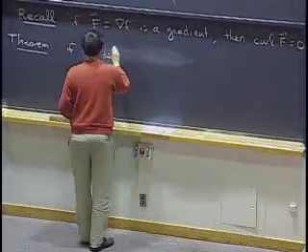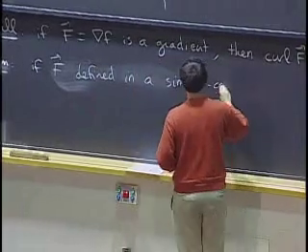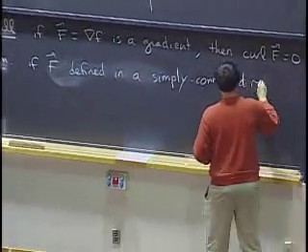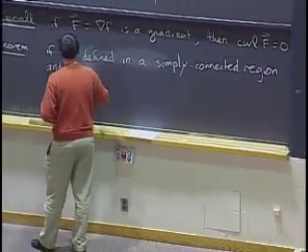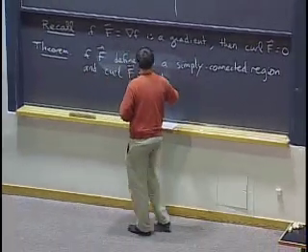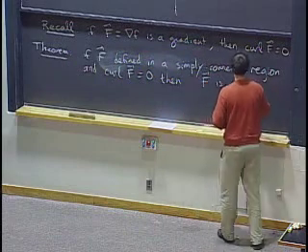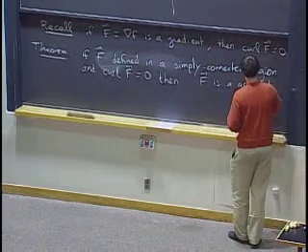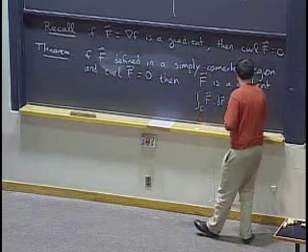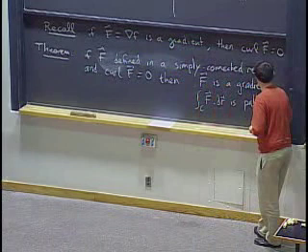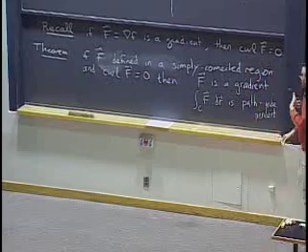So if f is defined in a simply connected region and curl f is 0, then f is a gradient field and the line integral of f is path independent. f is conservative, and so on, all the usual consequences.